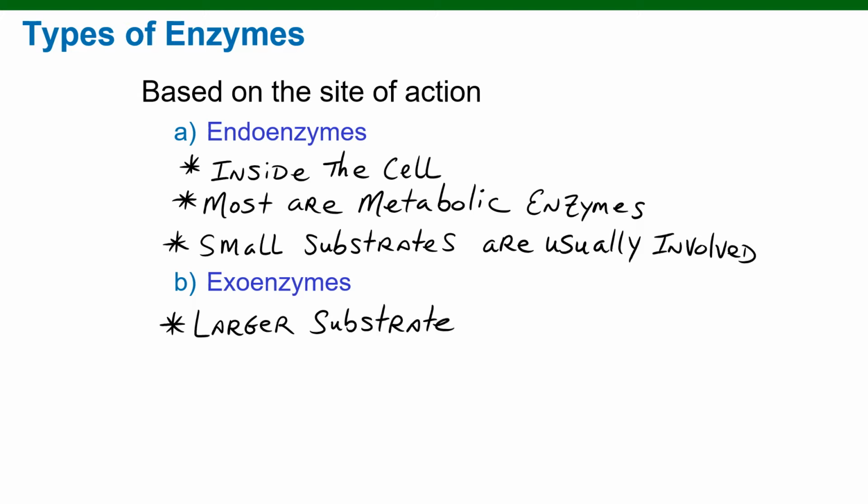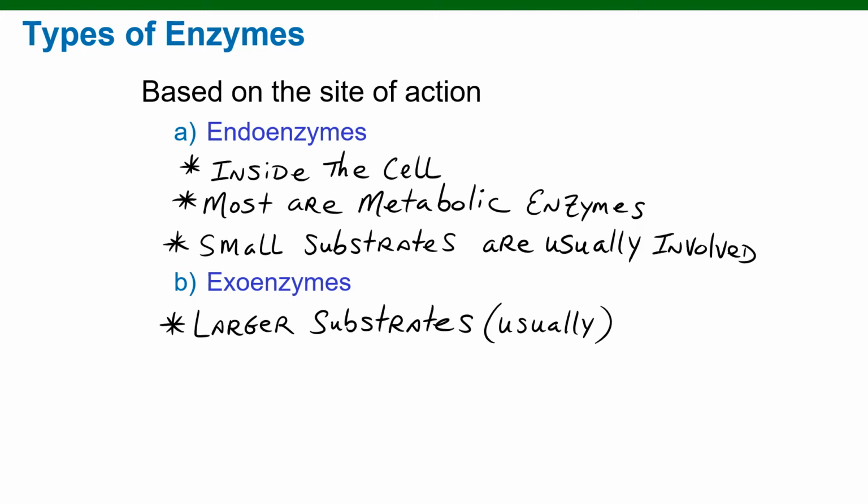So you can predict that if a substrate or source that's outside the cell is too large to fit through the cell membrane, then an exoenzyme may be involved in breaking down that substrate extracellularly into simpler molecules that then can be imported into the cell for further digestion.